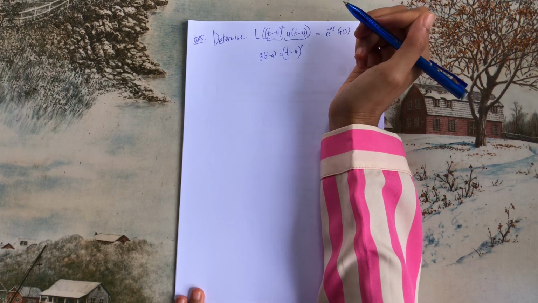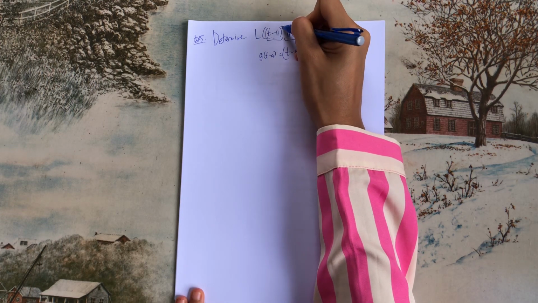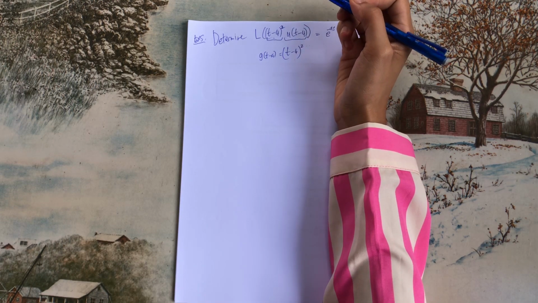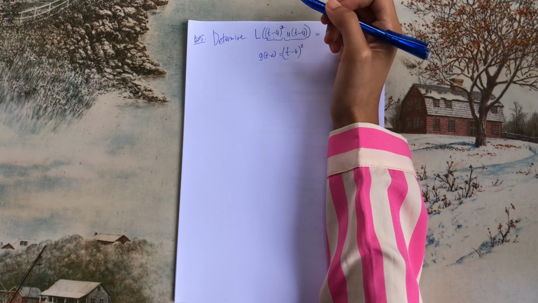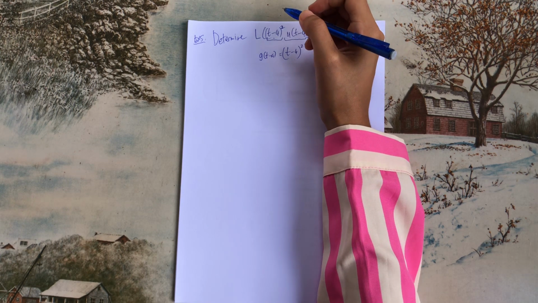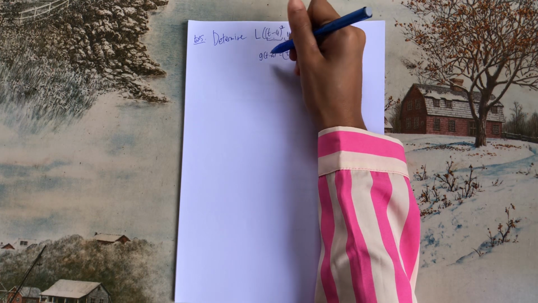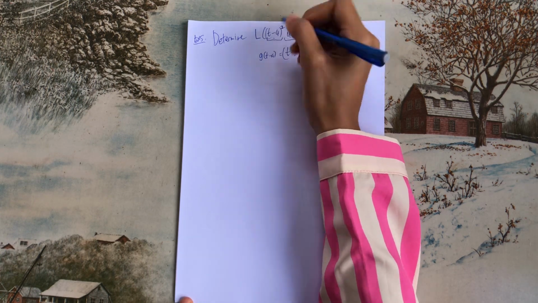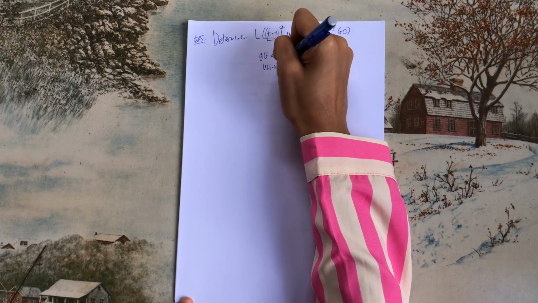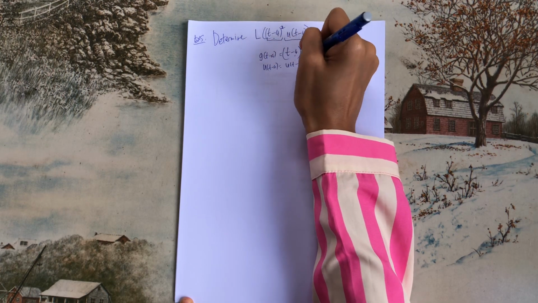From this equation, you know that your g(t minus a) here is (t minus 4) squared. Please bring the power too, you need to take it all, don't leave anything out. So g(t minus a) is (t minus 4) squared, and the other part is u(t minus 4).